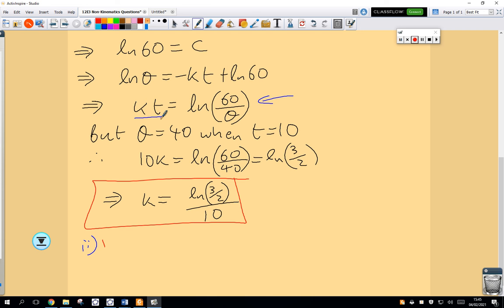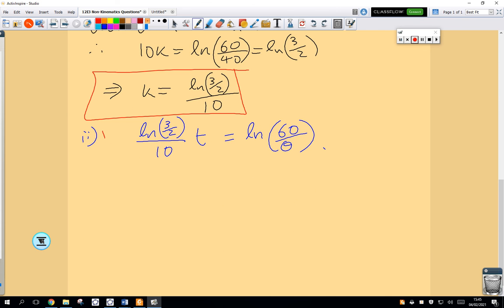So we're going to get k, which is the natural log of 3 over 2 divided by 10, multiplied by t, that's equal to the natural log of 60 over theta. Okay, so I've just plugged in my value for k here. We're trying to find theta when t is equal to 25.